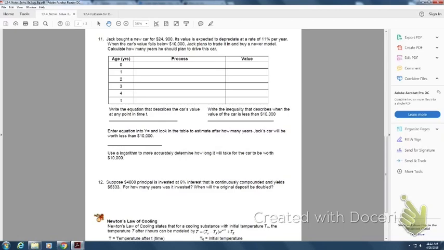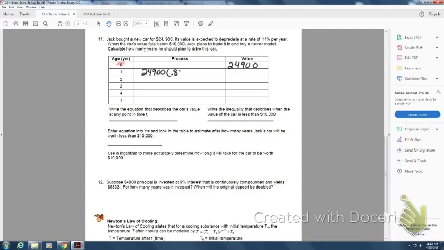So whenever he bought it, and it was 0 years old, the value of the car was $24,900. And then if I wanted to find how much it was worth after 1 year, what could I do to that value? Multiply by 0.89, because it's depreciation.